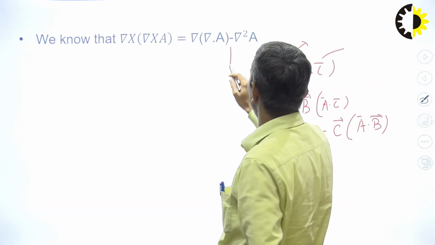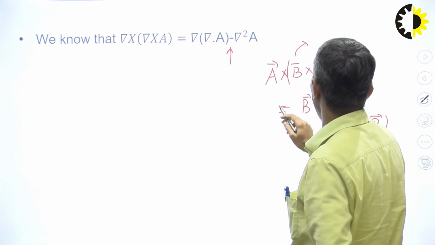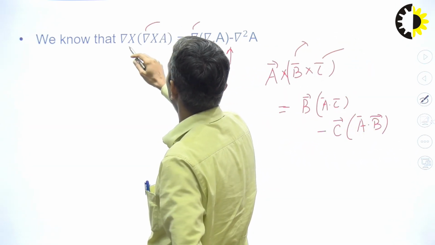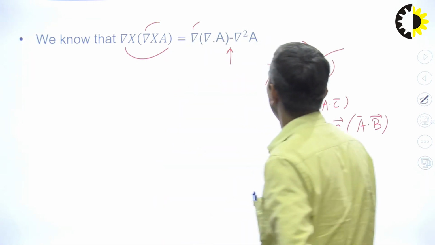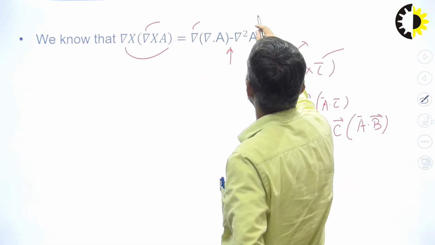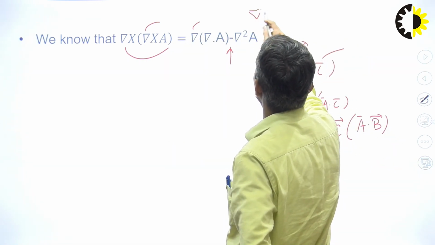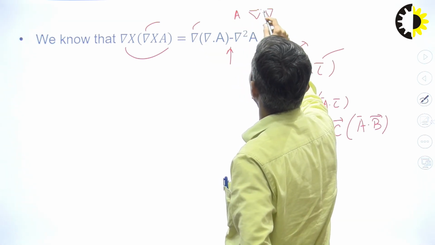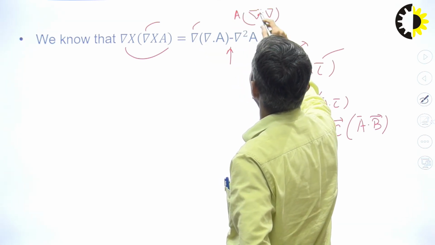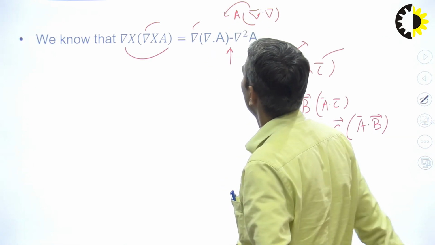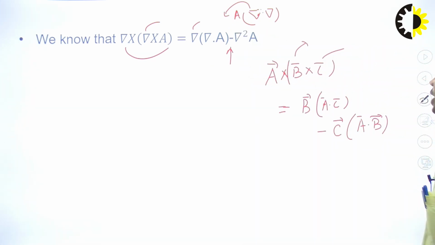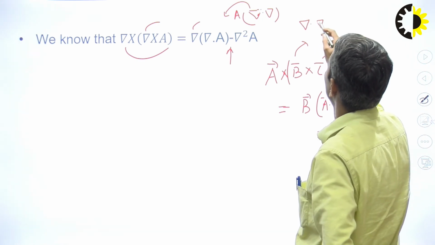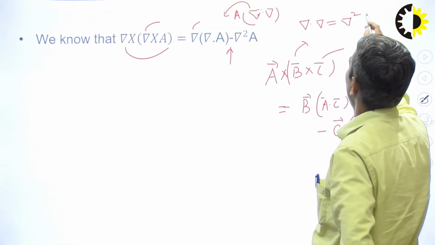So here my minus sign is coming, and rest del dot A, and similarly here is basically A del dot del. Since this is an operator, it must be on the left hand side of A.